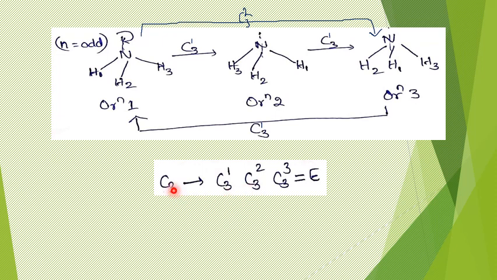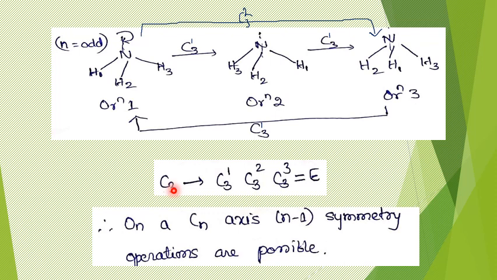Simply based on this, I can conclude that on a Cn axis, n-1 symmetry operations are possible. On a Cn axis, actually n symmetry operations are possible, but one will be removed as identity. Therefore, n-1 symmetry operations are possible. Hope this again clears up element of symmetry and operations.